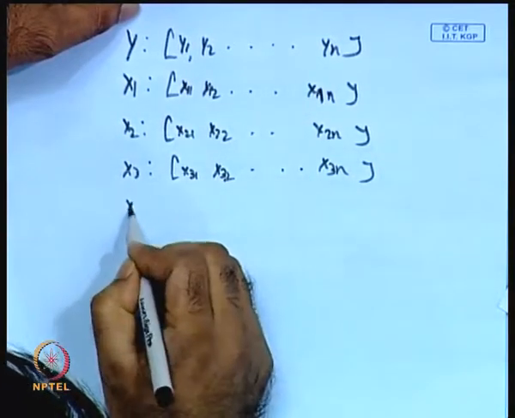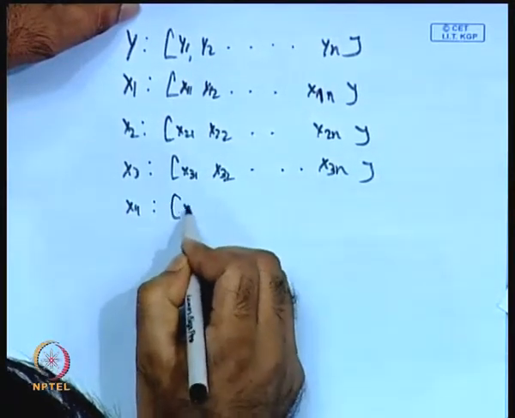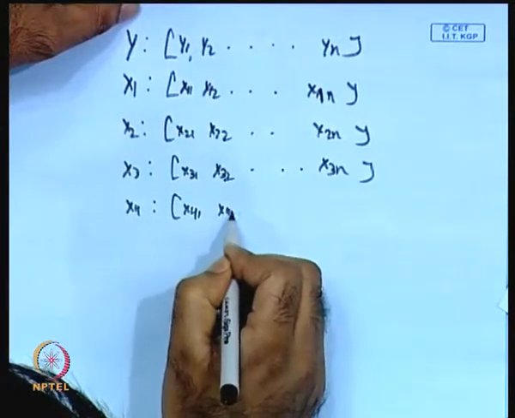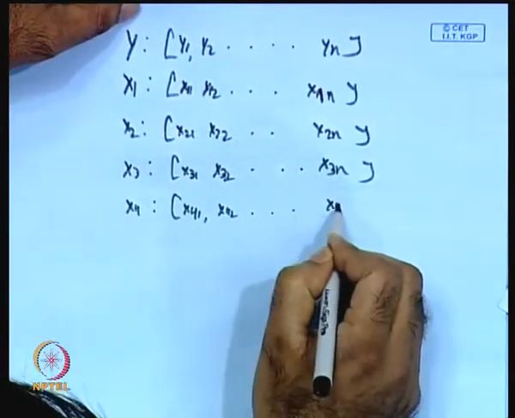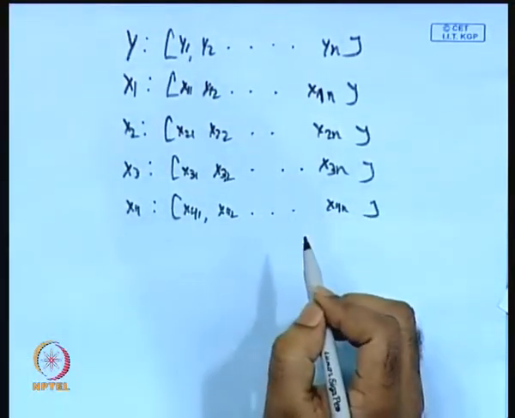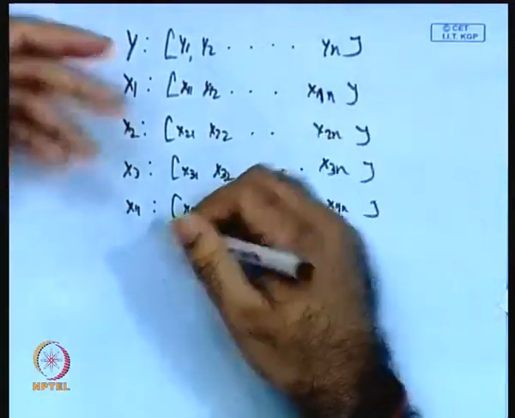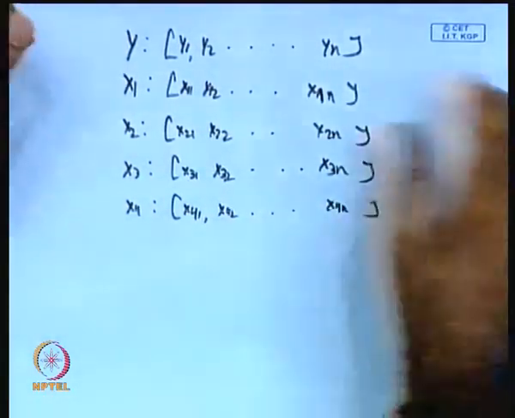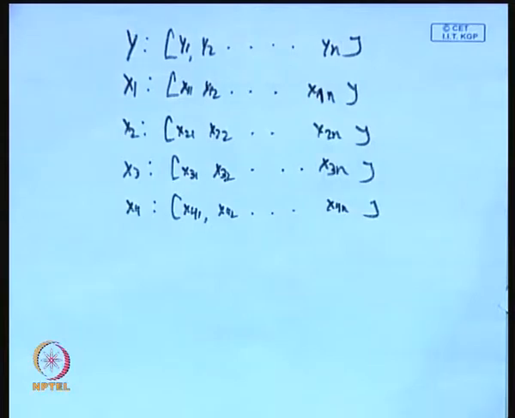Then we move to x4: x41, x42, up to x4n. For k number of variables, it will extend to k. In this formulation we have four independent variables and one dependent variable. So the sample information can be set up this way. In fact, these are all theoretical setups.